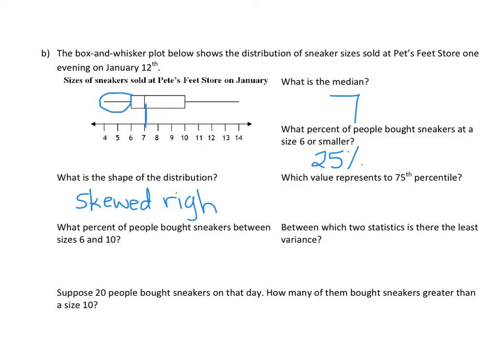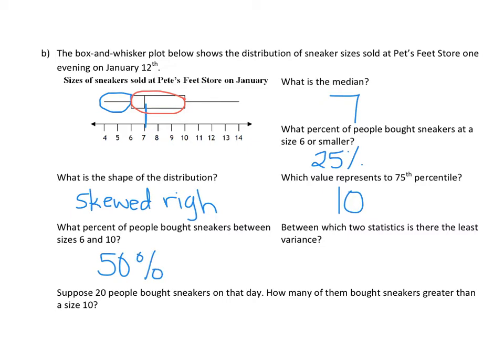Well, here's the 25th percentile, 50th, 75th, so that value would be 10. What percent of people bought sneakers between size 6 and 10? Well, between sizes 6 and 10 are two sections, which would be 50%, two quartiles, I should say.